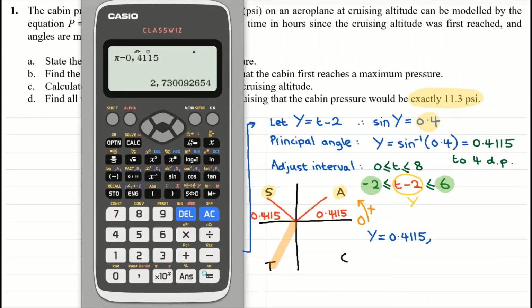Okay, and we get 2.73 and loads of other stuff, which is about 2.73 actually, isn't it? That's going to be the next angle. 2.73, not 0.273. 2.73. I'll put that to 4 decimal places. Okay, so that's good.